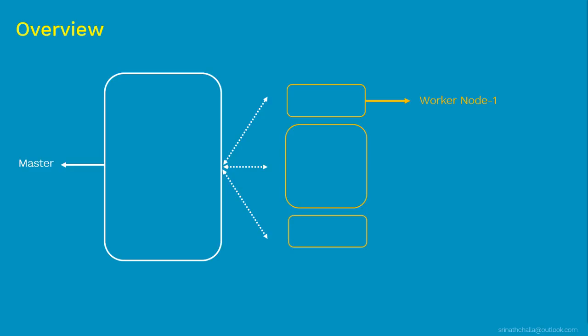So let's discuss some of the very basic and most common components of a Kubernetes cluster. First, let's start with the Kubernetes worker node. The worker nodes are nothing but virtual machines or physical servers running within your data center, or it could be a VM in the cloud. These are the workhorses of a Kubernetes cluster. They expose the underlying compute, networking, and storage resources to the applications.